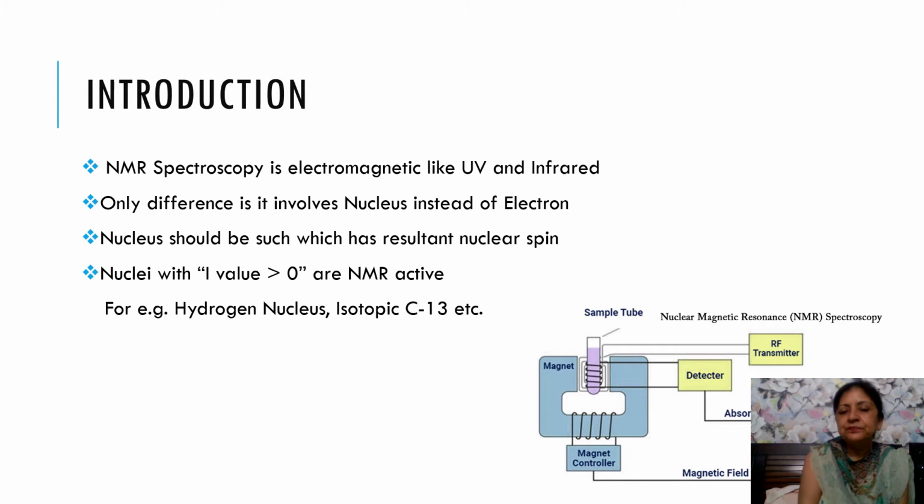Luckily, hydrogen is such a nucleus, which has I value 1/2, and so it is NMR active. Similarly, the C13 nucleus, N15 nucleus, or F19 nucleus, all these are NMR active nuclei.